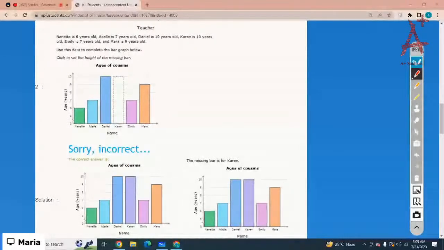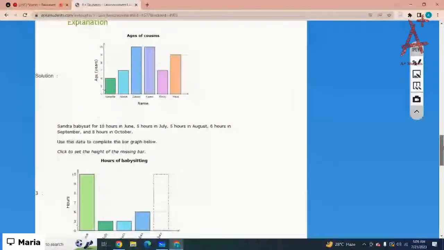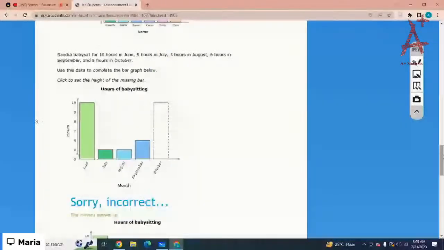Okay, let's just see another example. Sandra babysat for 10 hours in June, 5 hours in July, 5 hours in August, 6 hours in September, and 8 hours in October. Use this data to complete the bar graph below. Click to set the height of the missing bar.